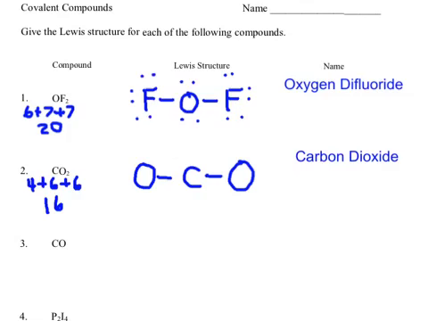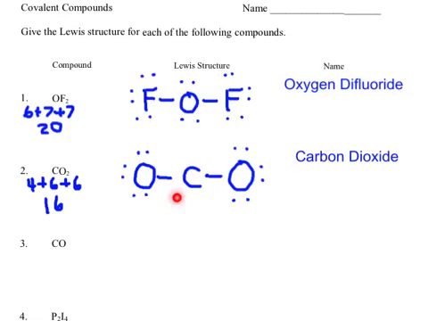I'm going to distribute my remaining electrons in pairs, making atoms happy as I go, until I run out of my electrons, which is 16. So again, what I've got is 2, 4, 6, 8, 10, 12, 14, 16. Whoops, I just ran out of electrons.